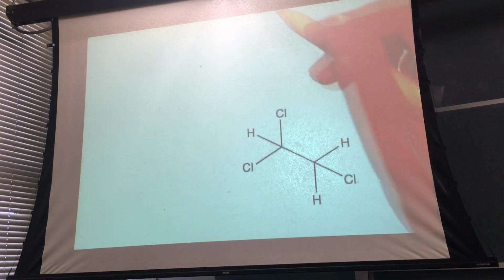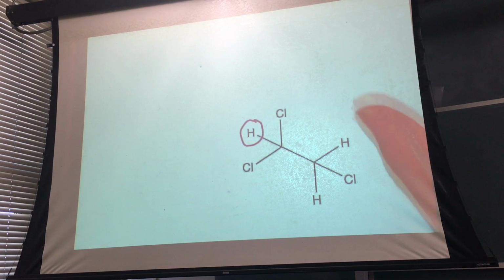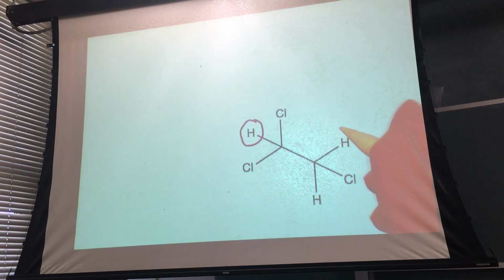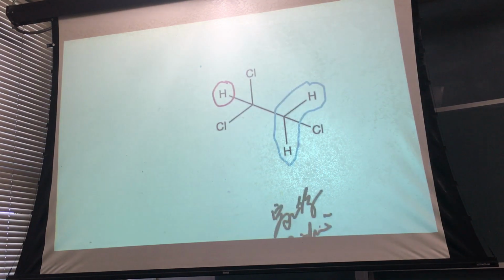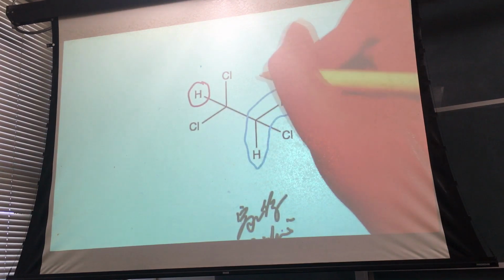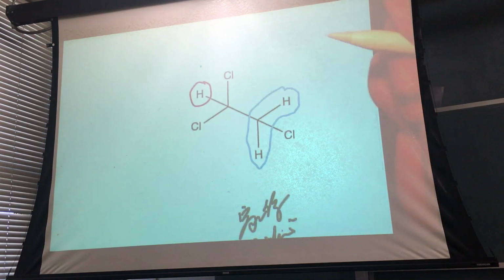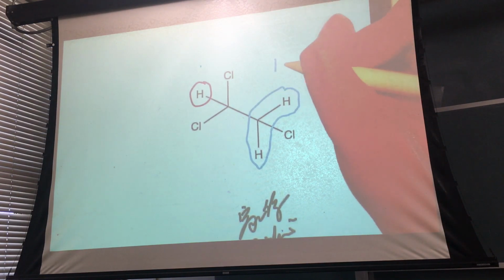After you learned chemical equivalence last week, this hydrogen has a peak, and then this one is chemical. These two hydrogens are chemically equivalent to each other, right? How many neighbors does the blue one have? It has only one red hydrogen, so the neighbor is one, right? So one neighbor.